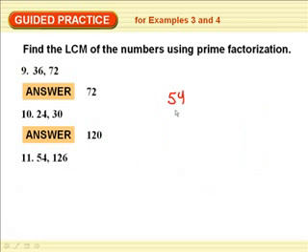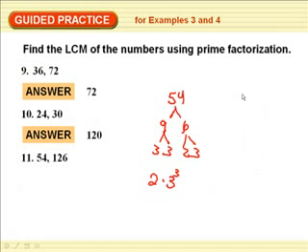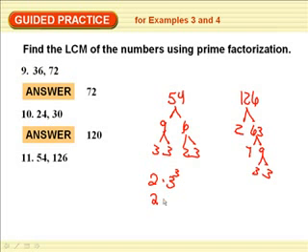54 is 9 times 6, 3 times 3, 2. So 2 times 3 to the third. 126. When in doubt, it's even. Chop it in half. Half of 100 is 50. 26, 13, 63. 7 times 9, 3 times 3, 2 times 3 squared times 7.